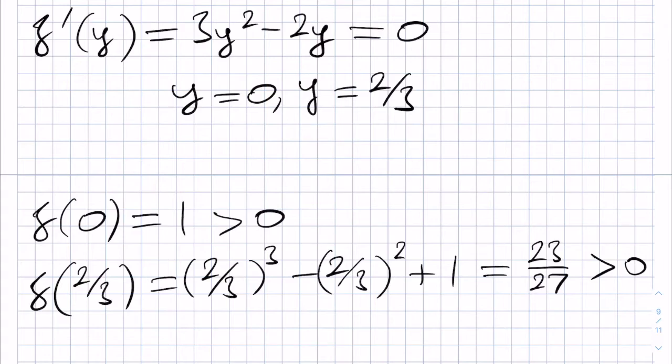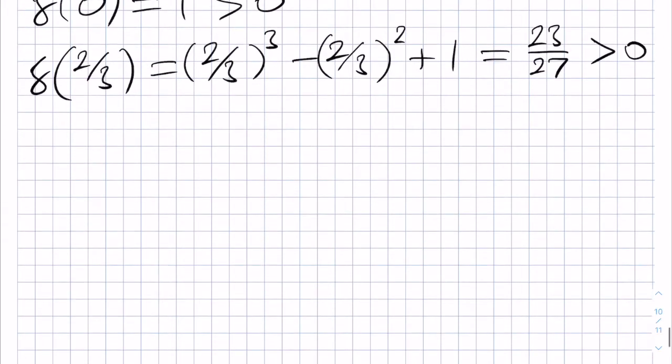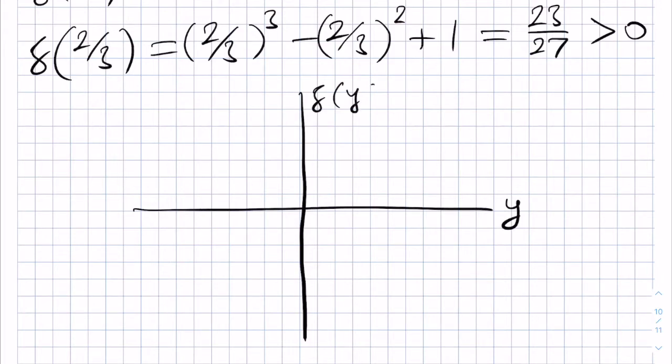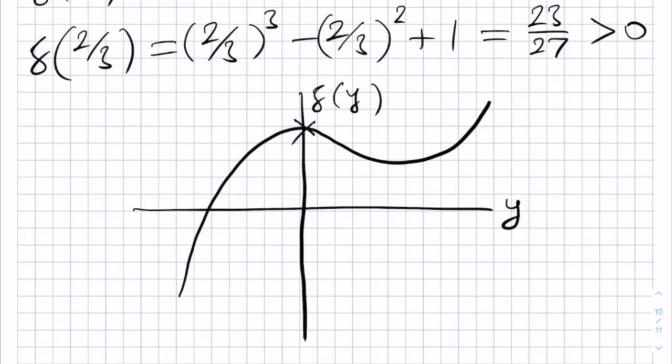Using this information, we can start to plot f of y as a function of y. So we have our y and our f of y, and the function must look something like this, where we have our turning points here at 0 and here at 2/3.